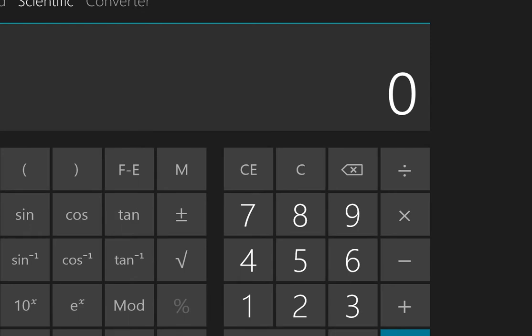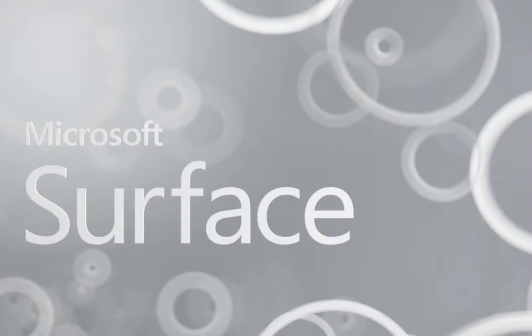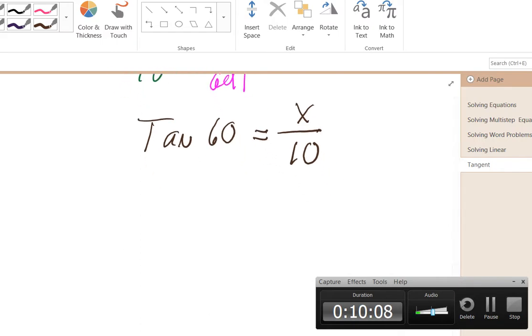I have a little tangent button here on my scientific calculator, so I'm going to go 60 tangent, and I get 1.73205. I'll just take the 1.73. But you can use the square root of 3. It isn't making any difference, but as a decimal, it's 1.73.